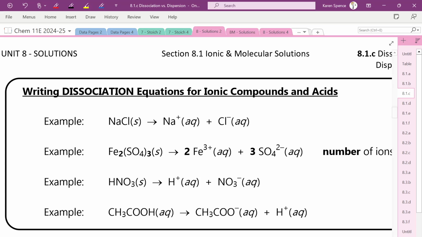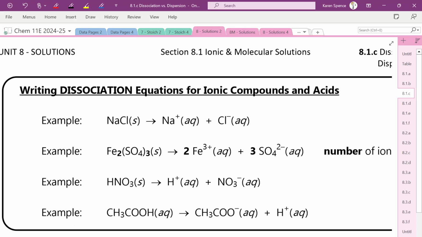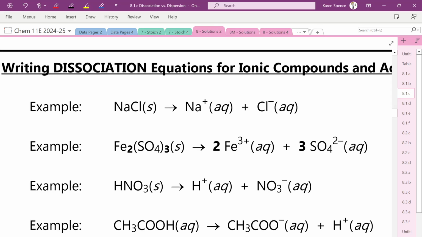Here are just a few examples to make sure that you feel good about everything. First one's really straightforward. NaCl becomes Na plus and Cl minus, both aqueous. Fe2(SO4)3, you have to remember that the SO4 stays together and that your coefficients become 2 and 3.